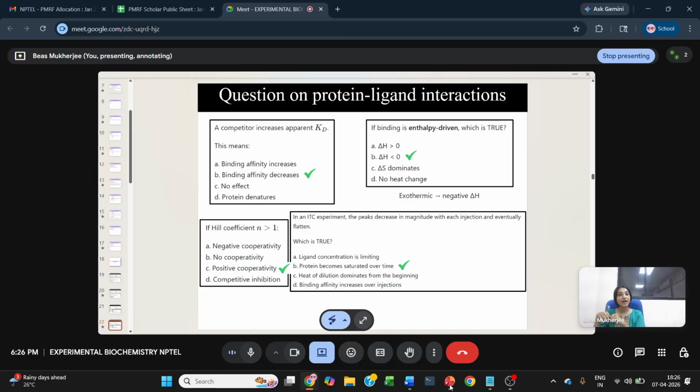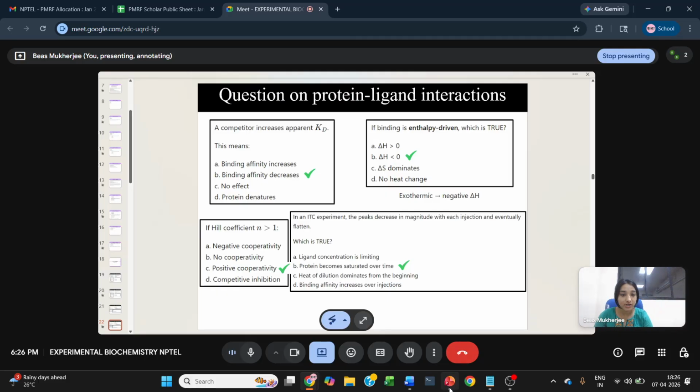The next one, if binding is enthalpy driven, then enthalpy will be negative, right? So enthalpy is less than 0. Okay. Now, Hill coefficient, if it is more than 1, then it is positive cooperativity. Correct? The last one is protein becomes saturated over time, and that is why all the peaks finally reduce and there is the baseline. Right?